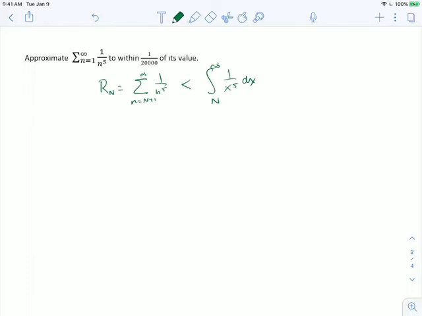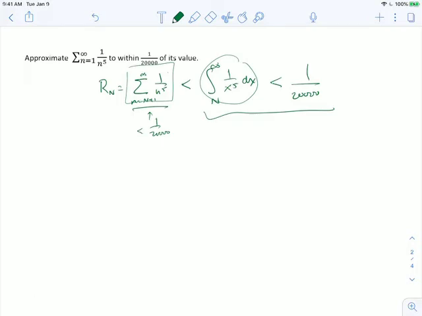And so if I want to make this less than 1/20,000th, I'm going to do a little bit of overkill, and I'll make this true, so that if this is less than 1 over 20,000, since this is bigger than my remainder term, this remainder will also be less than 1 over 20,000.